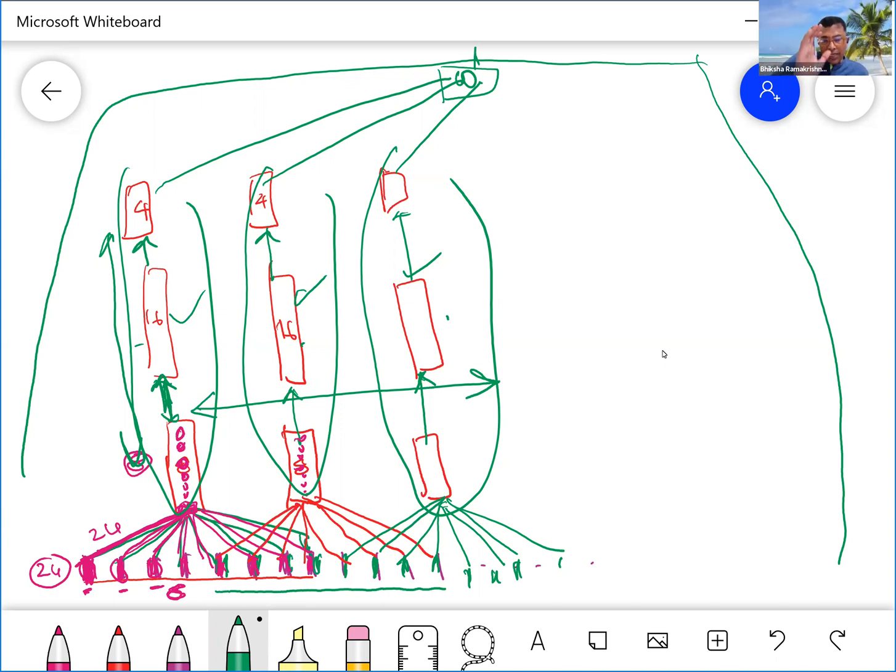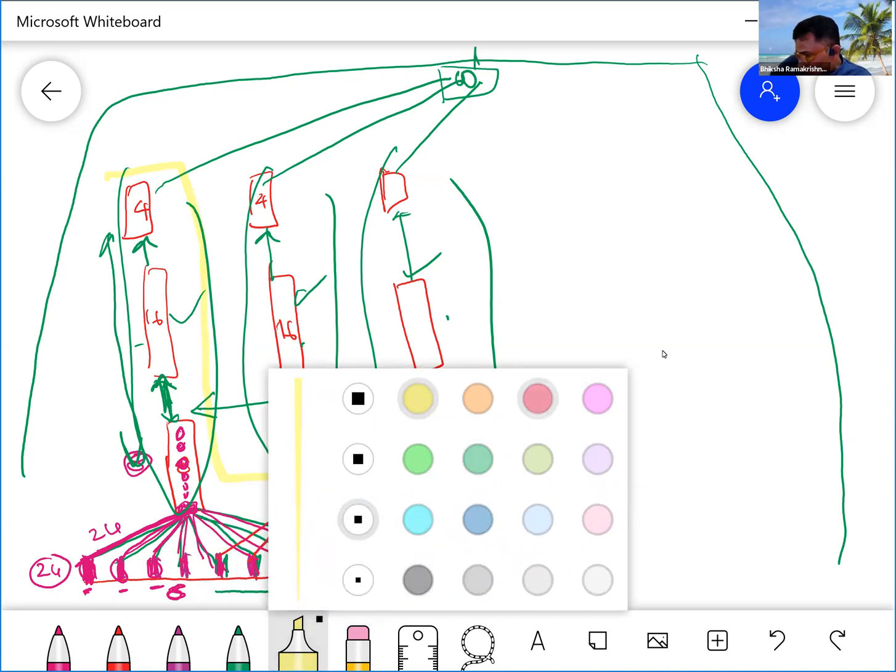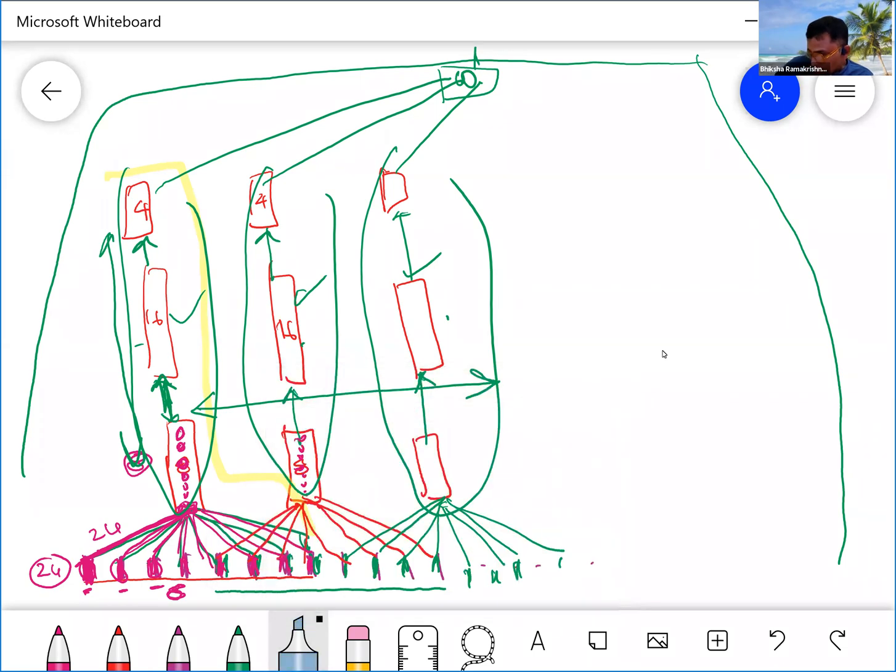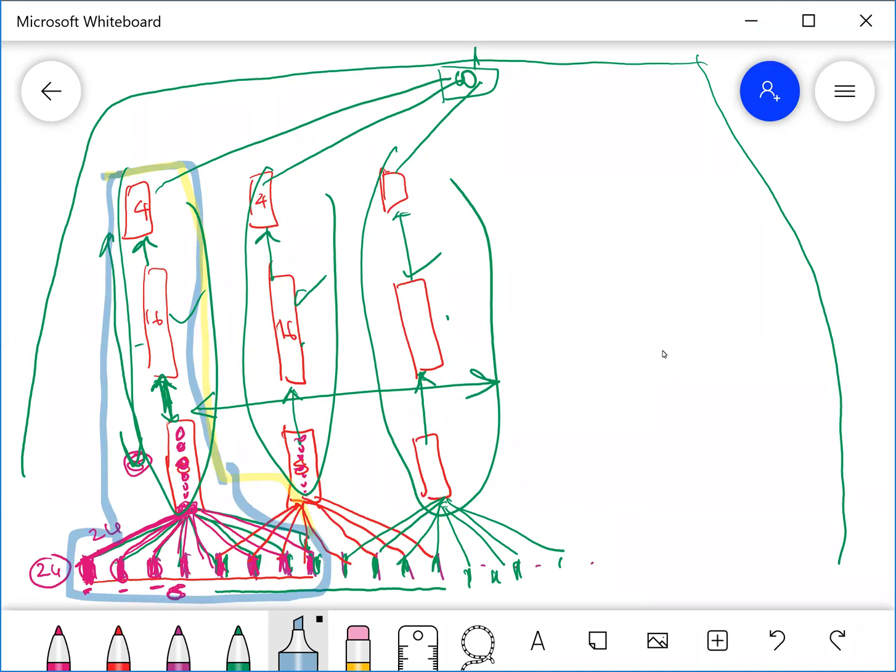But if you're thinking of the individual MLP as this block, then I need a different figure. I need a different color. If you're thinking of the individual MLP as this block, within this block there's no sharing, right?